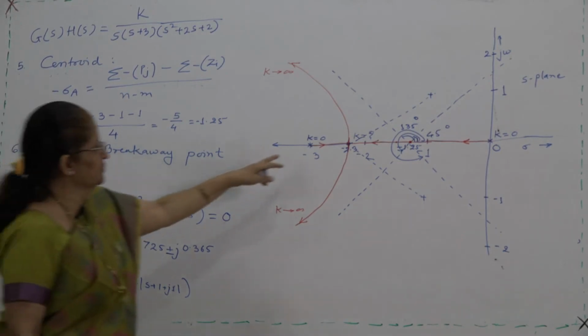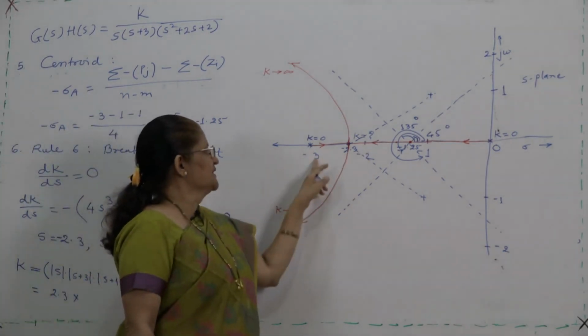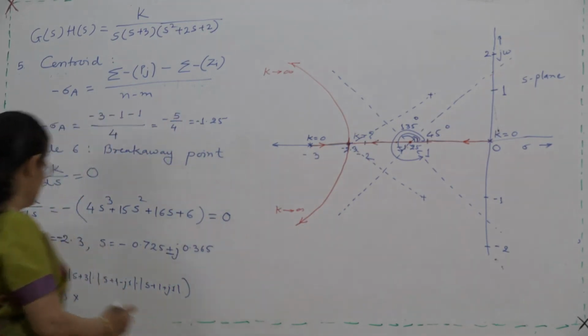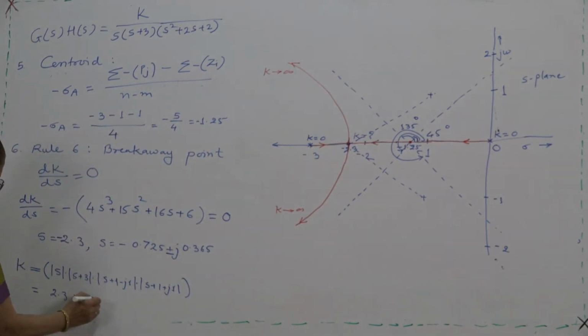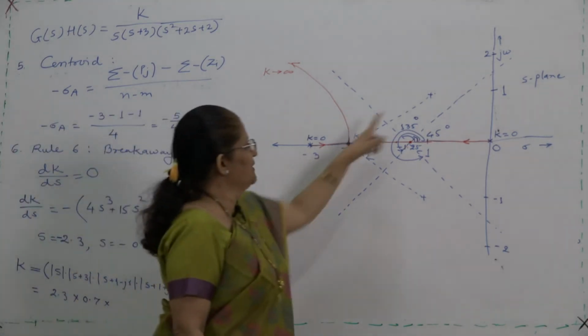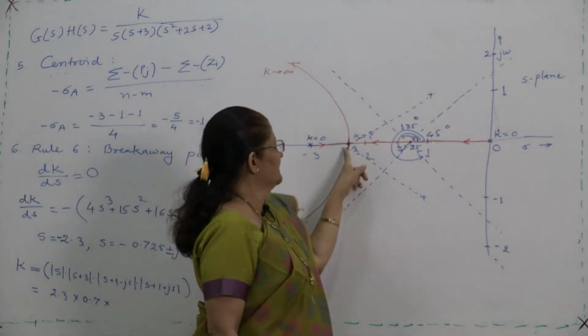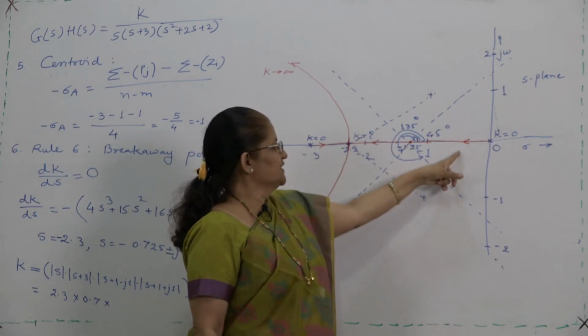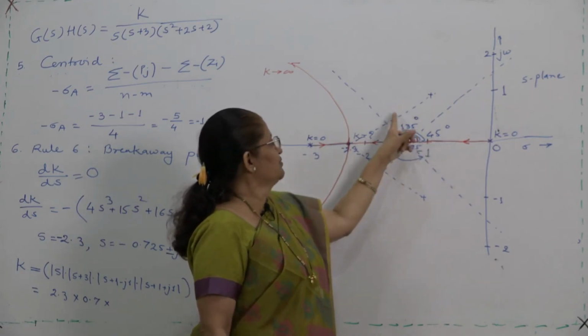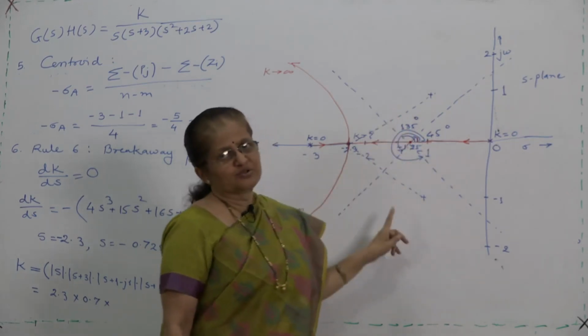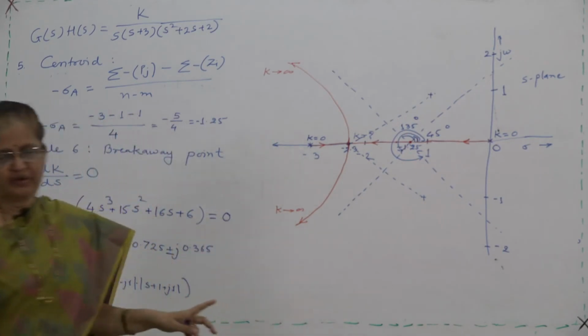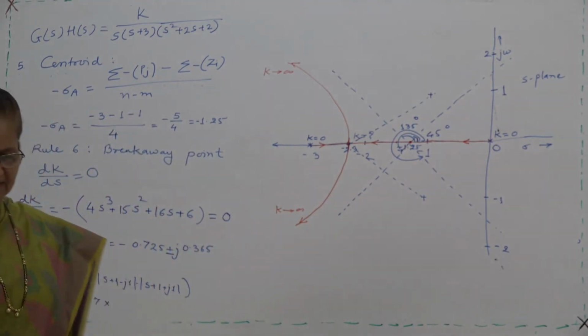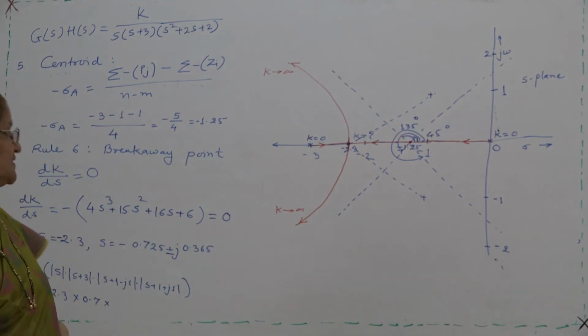For the real axis you can easily find the phasor length of S, that is from the pole at 0 to 2.3. So what is the length of this? It is 2.3. So the first term I get is 2.3, into S plus 3, that is from this point, 3 minus 2.3, so it is 0.7.